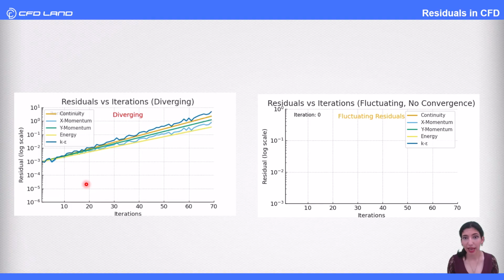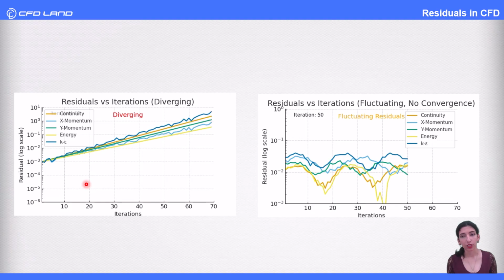Another thing that can happen for your residuals is that they fluctuate. It's not diverging. It's not converging either. So again, it could be due to your mesh or your setups. You have to check your equations from the beginning, your setups, to find the problem.